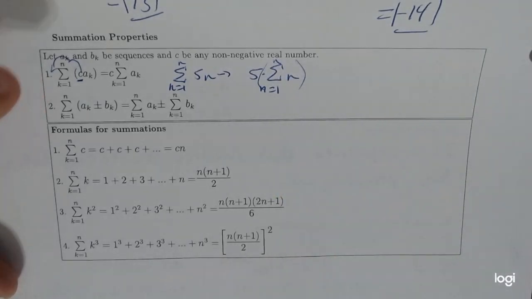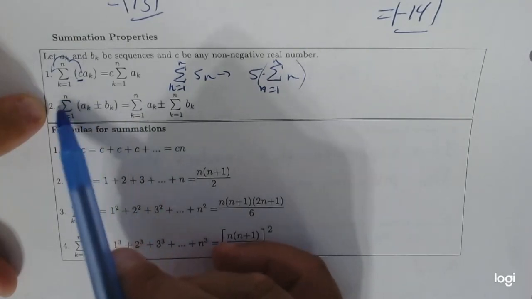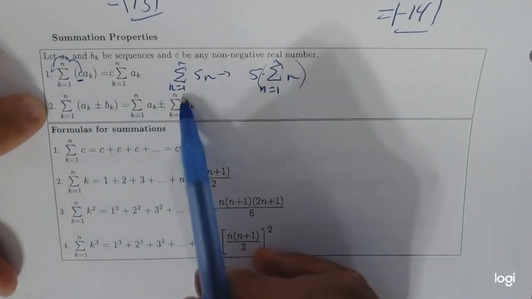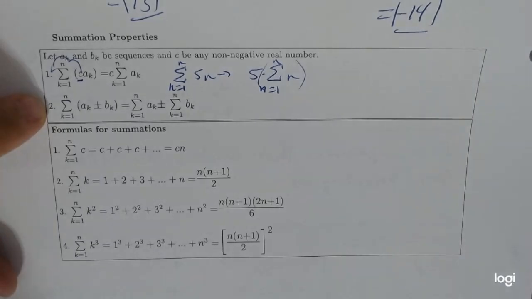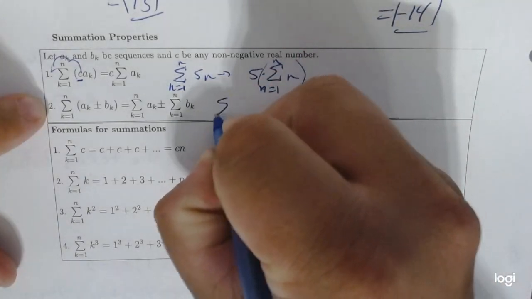Okay. And then for number 2, what it says is you can literally break up the sum of any part. So anything where you see addition or subtraction, you can basically distribute the sum in and take the sum individually and then add or subtract at the very end. So you can think of it like this.